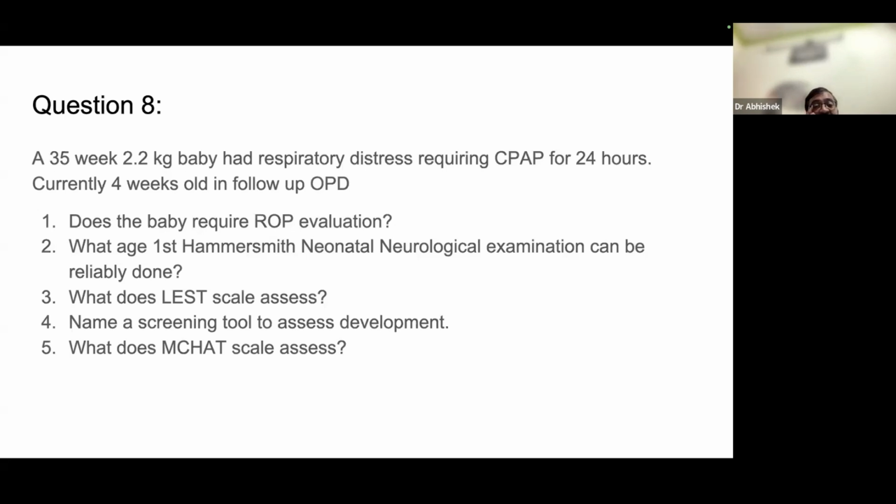What does Lest scale assess? Yeah, Dharni, Divya, it is correct. It's language. Name a screening tool to assess development.